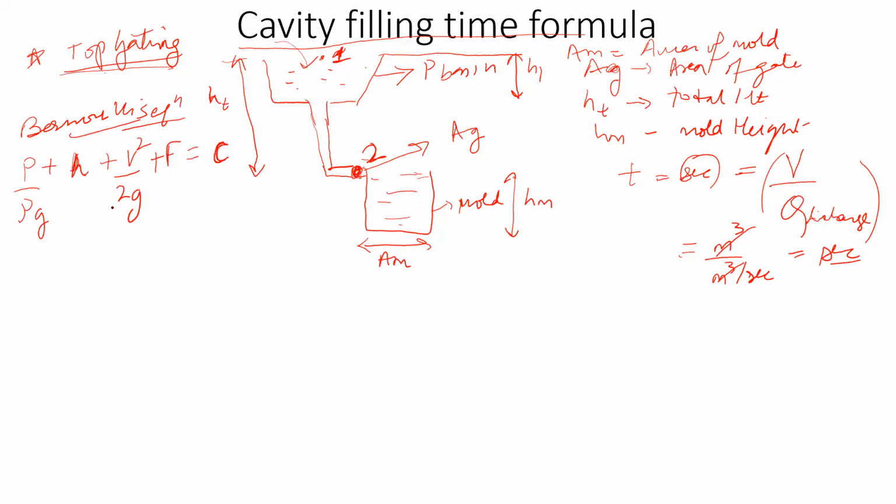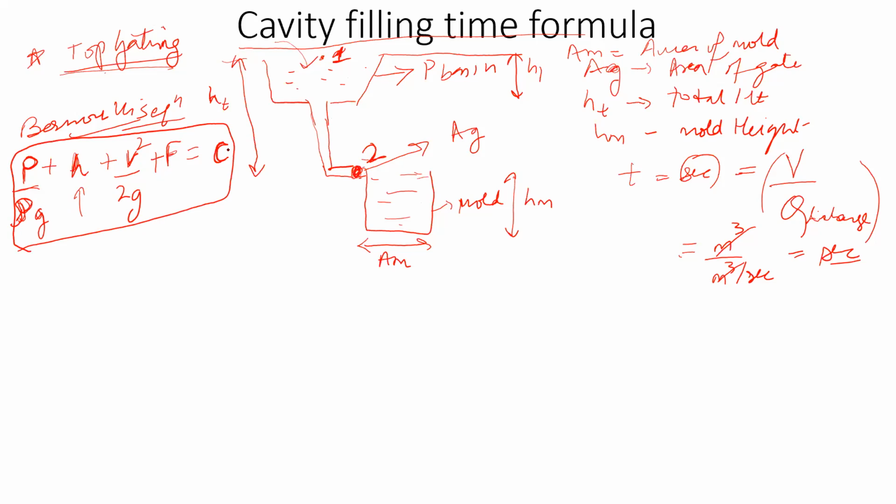This is the basic Bernoulli's equation. P stands for pressure, rho is density, g is acceleration due to gravity, H is height, V is velocity, and F is any frictional losses.